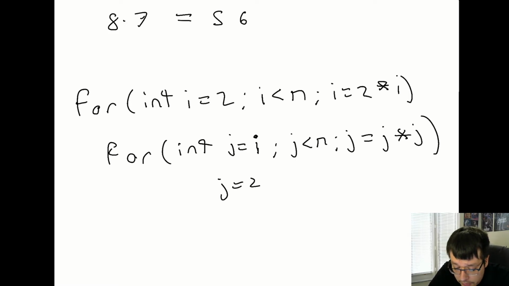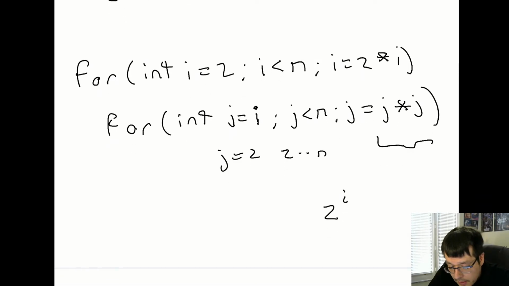That first iteration, j is going to go from 2 all the way to n, but it's not increasing linearly, it's doubling each time, right? Before we had a 2 to the i kind of thing, here we have a j to the j, and that's going to be equal eventually to our n.